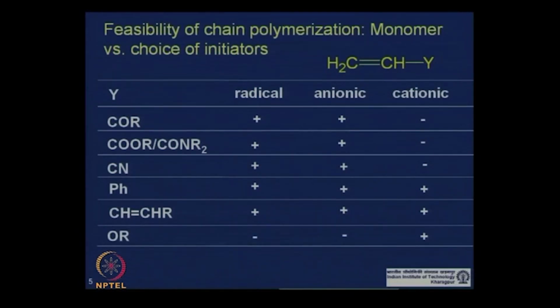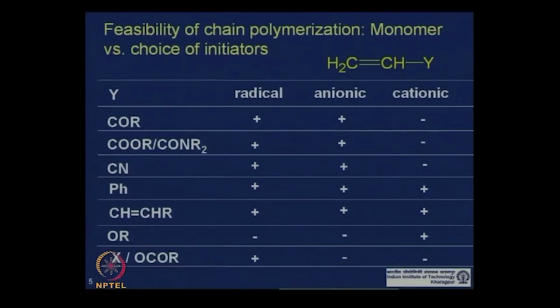We just saw that if it is an ether, then it can be polymerized by cationic. It can be polymerized with difficulty by radical also, but the most preferred choice of polymerizing an ether group hanging from a double bond is to use cationic polymerization.